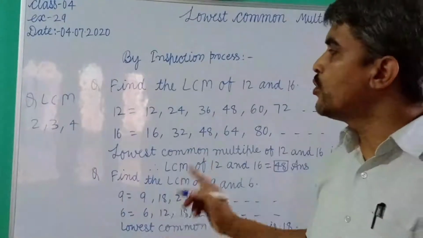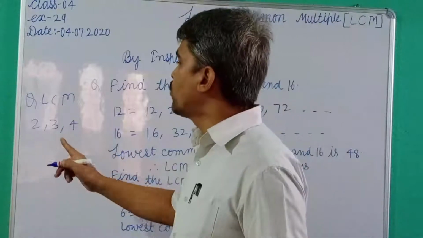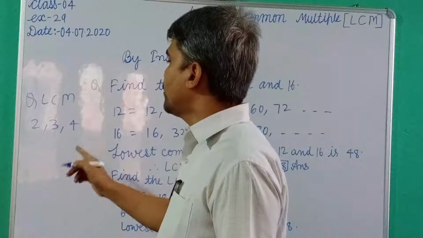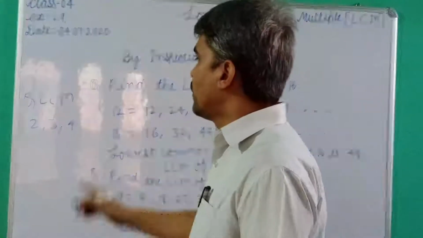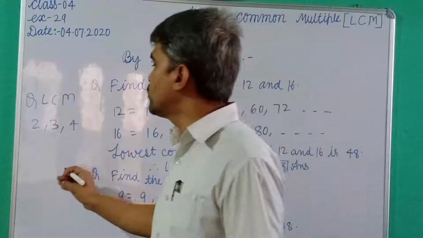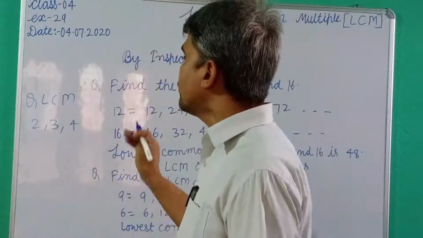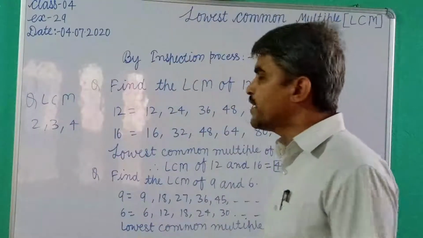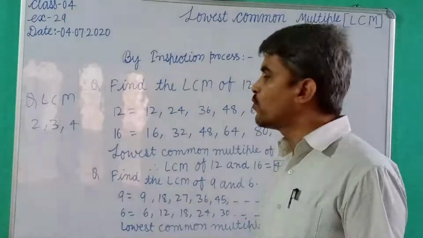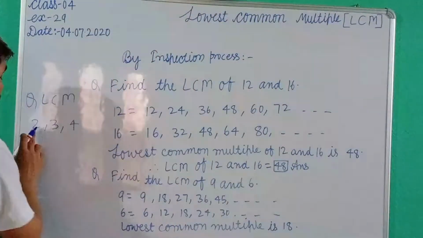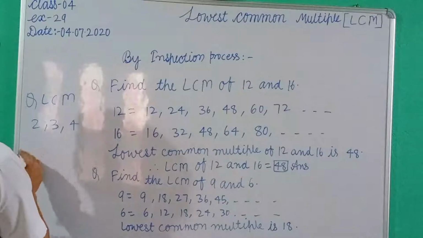So at first you read the table of 2: 2 1 is 2, 2 2 is 4, 2 3 is 6, 2 4 is 8, 2 5 is 10, 2 6 is 12. Now again read the table of 3: 3 1 is 3, 3 2 is 6, 3 3 is 9, 3 4 is 12, and the table of 4: 4 1 is 4, 4 2 is 8, 4 3 is 12.